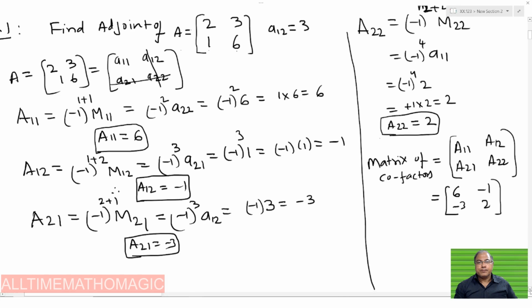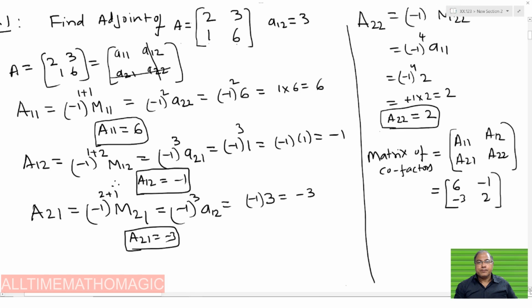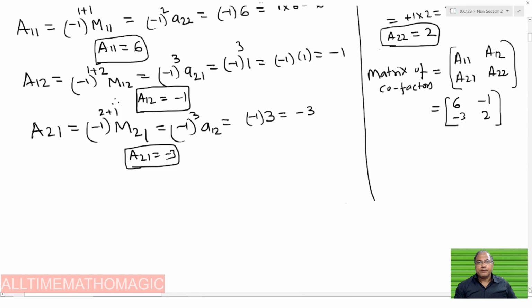Now we'll find out the transpose of cofactors. What is the last step? The transpose of the matrix of cofactors.